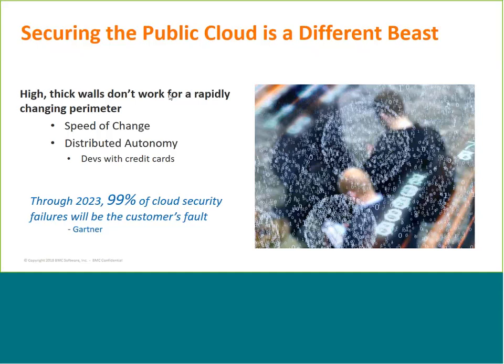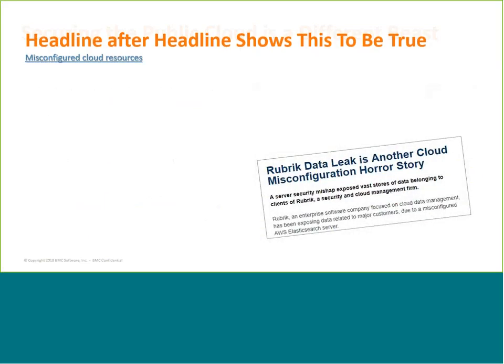Okay, so it's one thing to say, but if you spend 5 minutes in a Google browser, you'll see headline after headline which proves what I'm saying here, that the enterprise continues to struggle with securing their public cloud footprint. I mentioned that a single misconfiguration from a dev could expose critical data. Shown here is Rubrik.